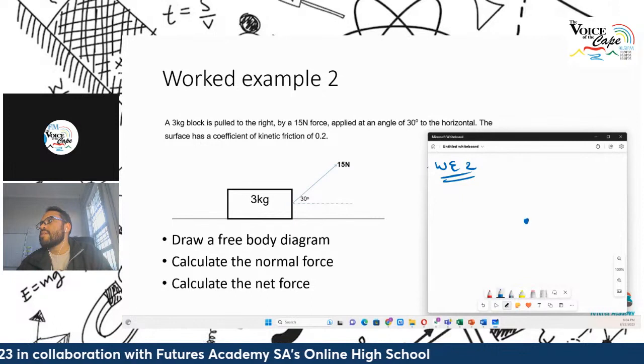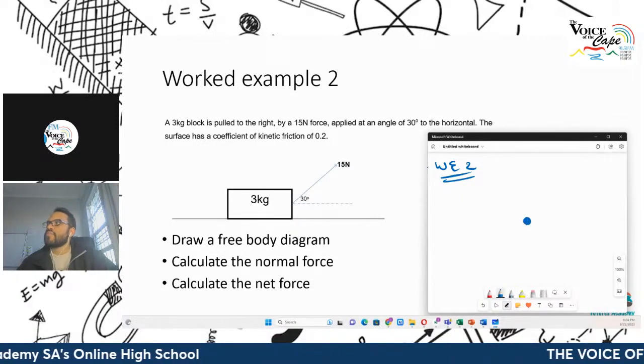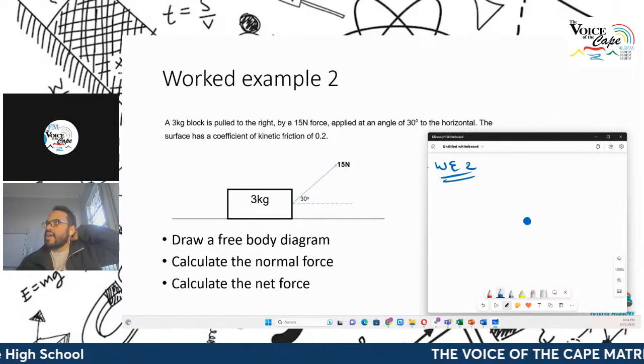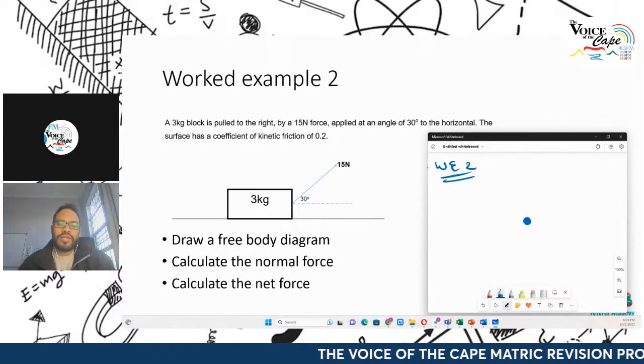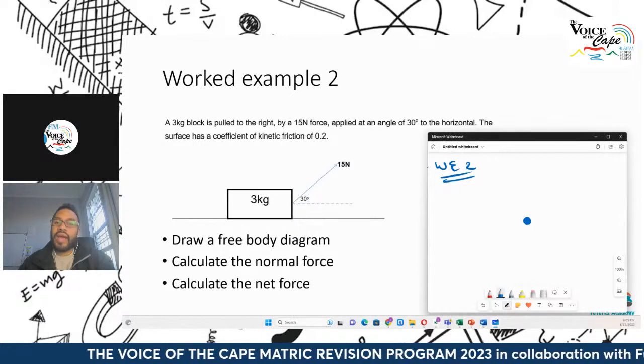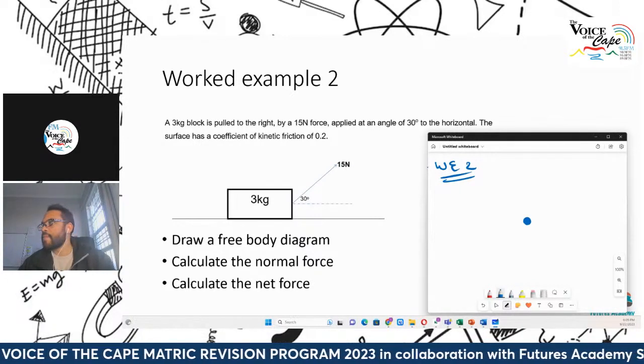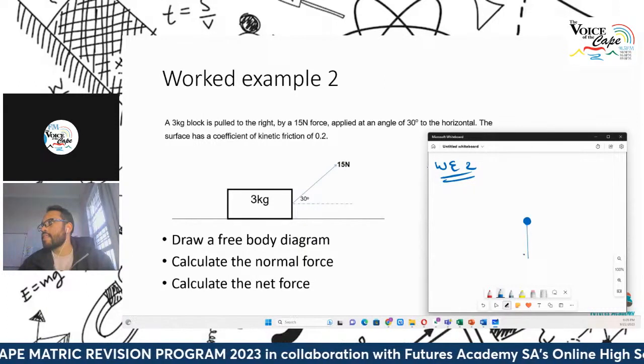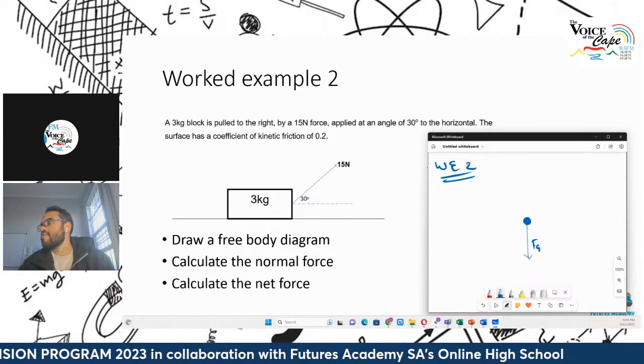We start with this little blue dot. And let's see. We have our gravity, F little g.